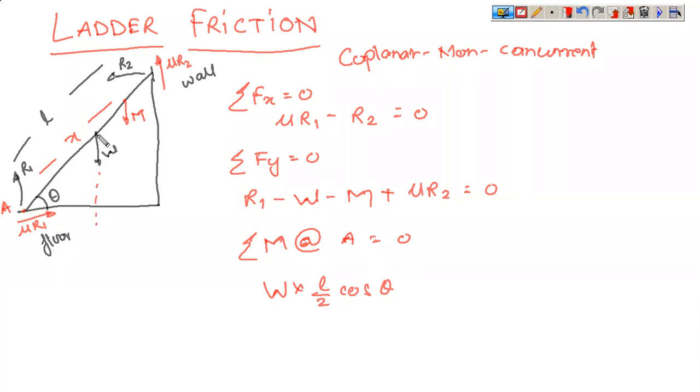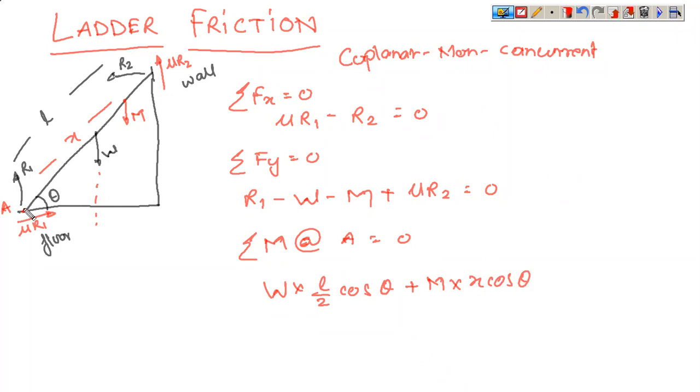So this is L by 2, this is theta, so this length is L by 2 cos theta. Now with respect to point A, this is moving in clockwise direction, so it is positive in nature. M lies at a distance of x from the ground, so this is plus M into x cos theta.